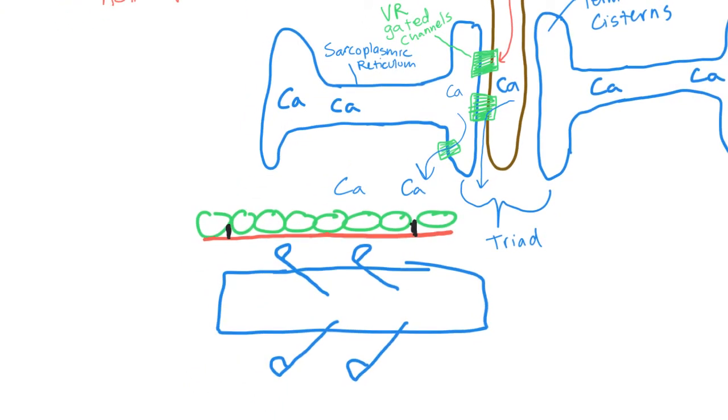Yeah. You drew calcium going from the T-tubule directly to the sarcomere. It doesn't have to go through the sarcoplasmic reticulum first. No. Okay, so they have their own channels that go into the sarcomere. Yeah, some of the calcium comes from the T-tubule, some from the terminal cistern. Both are stimulated by this voltage.